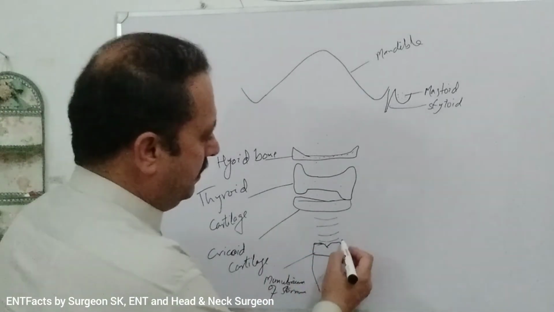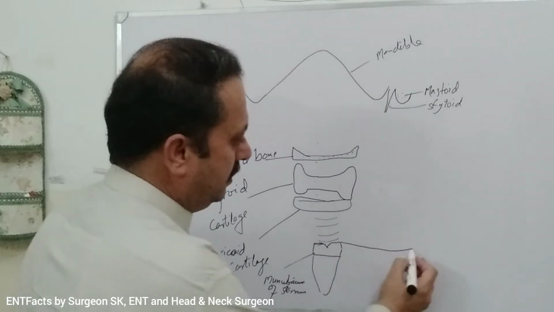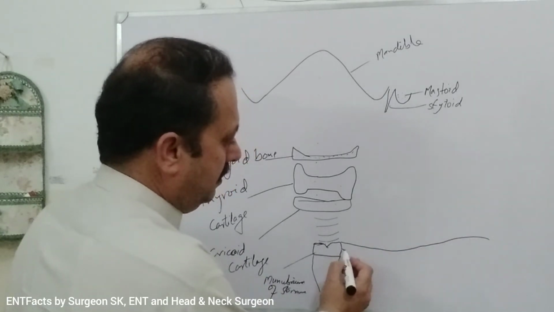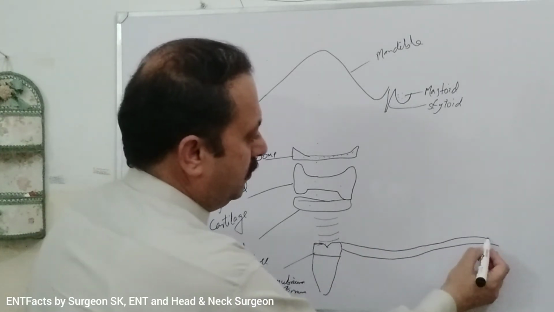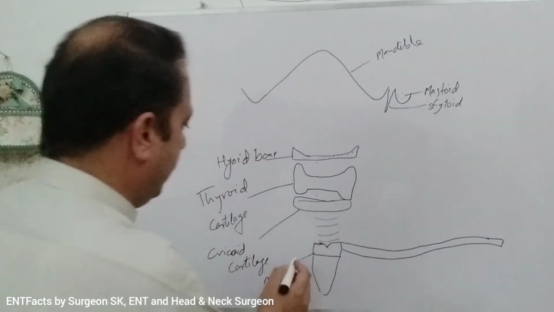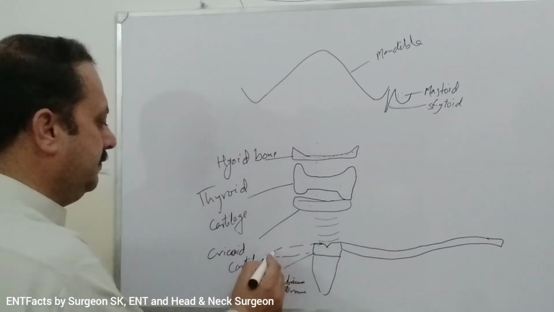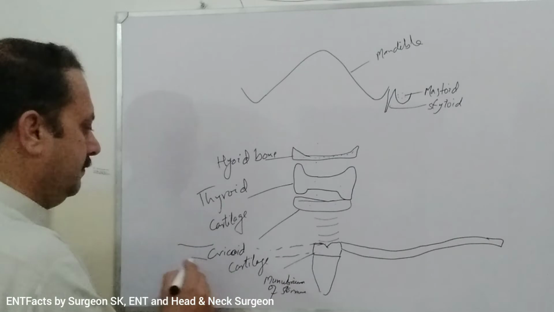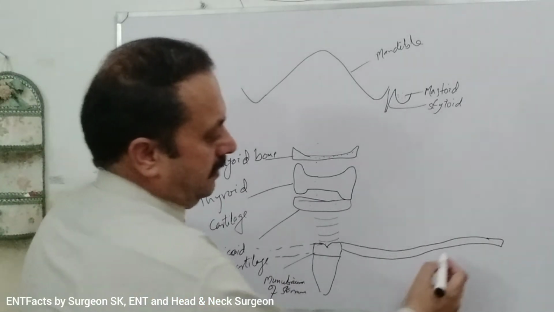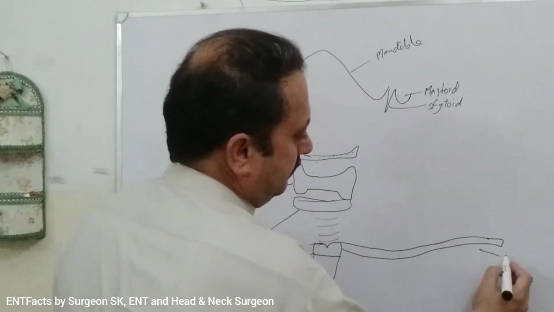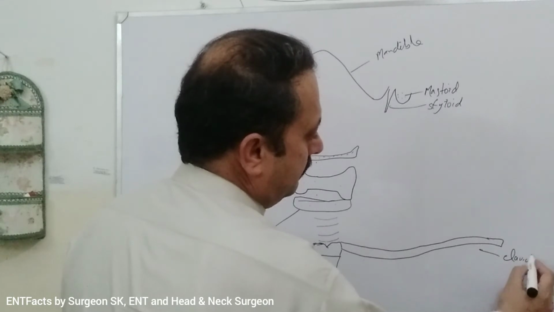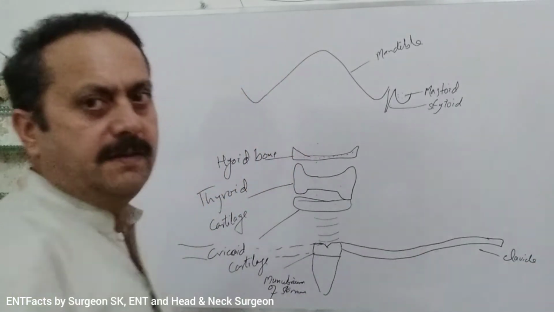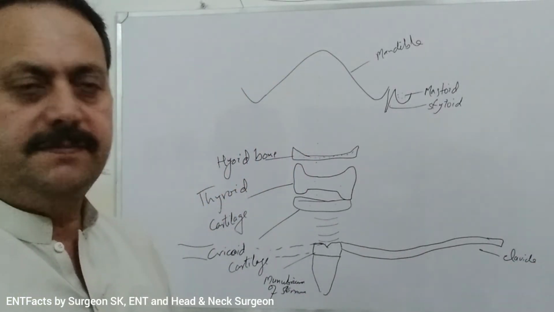From the sides, there are two bones, on both sides, one on this side and one on this side. It's called the clavicle. The clavicle, or the bone of beauty.